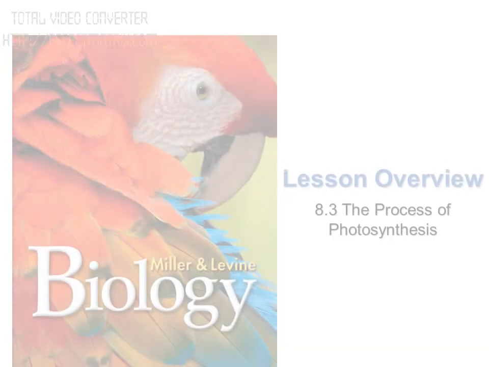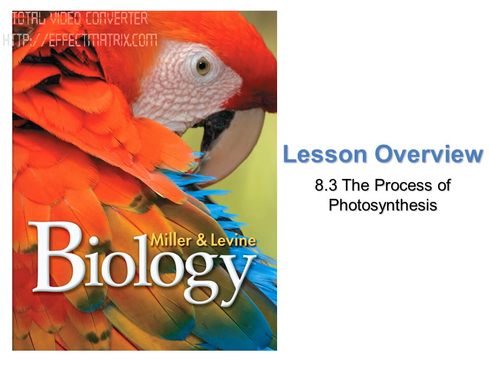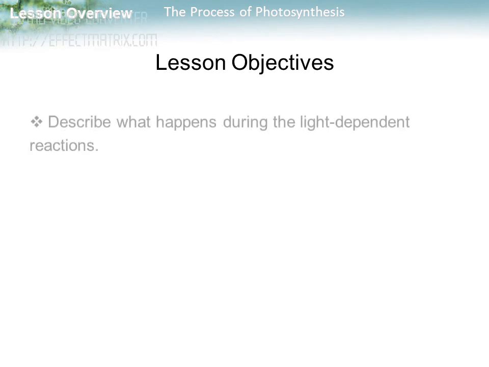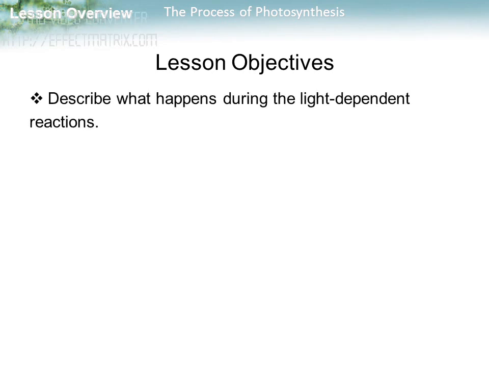In this session we are going to learn Chapter 8, Lesson 3, the process of photosynthesis. Well, let's see the lesson objectives. After this lesson, you should be able to describe what happens during the light-dependent reactions.